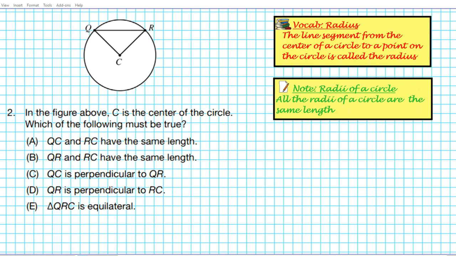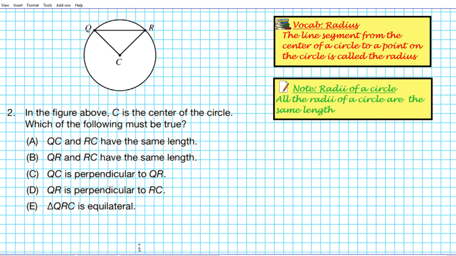Alright, just a real quick vocabulary concerning what the radius is. The radius of a circle is basically any line segment that starts from the center and ends at a point on the circle. So if you look at this, you can clearly see that we have two radii here, RC and QC.